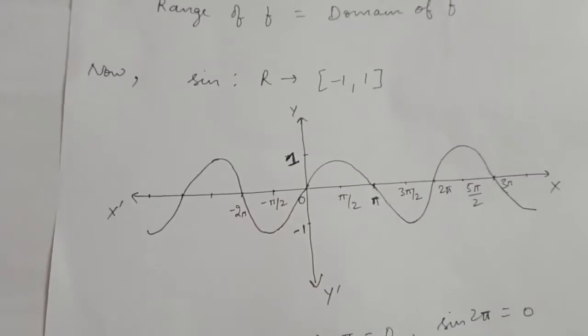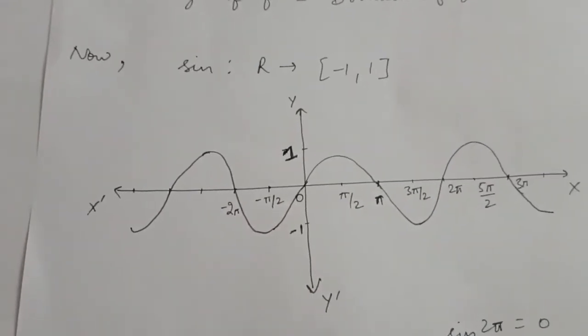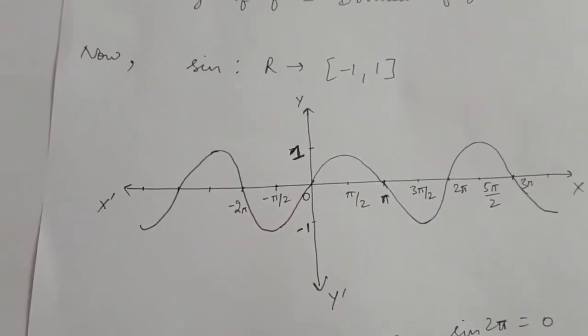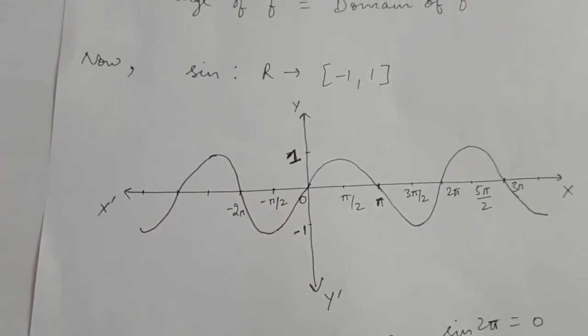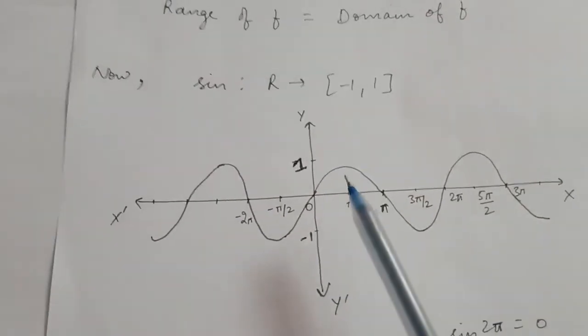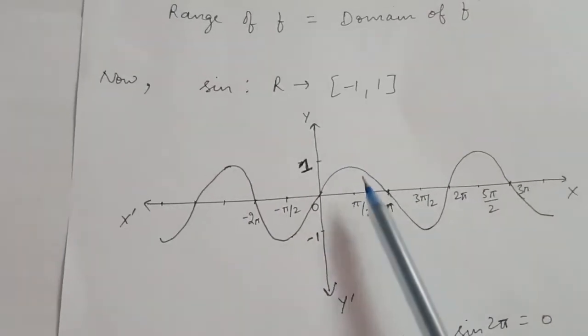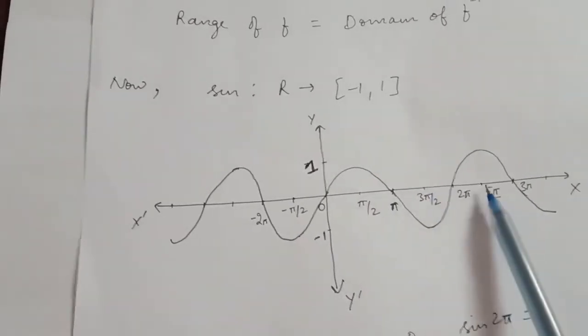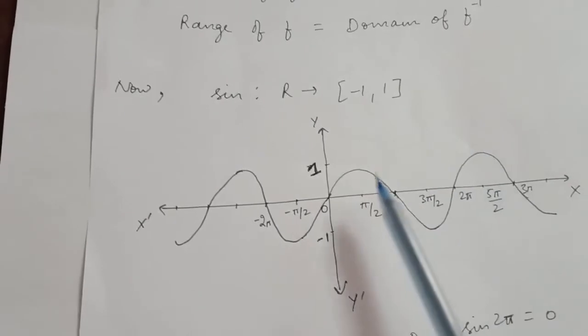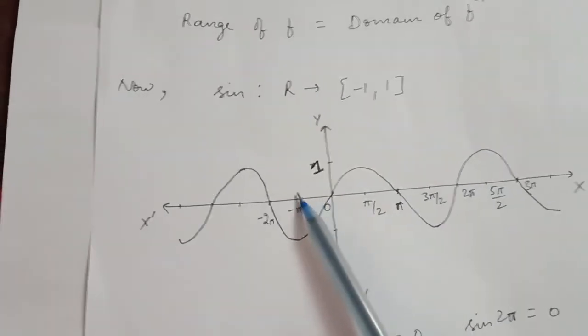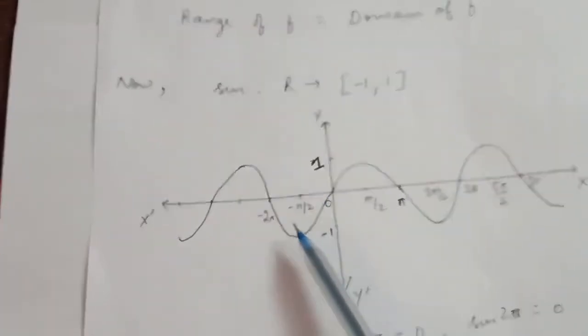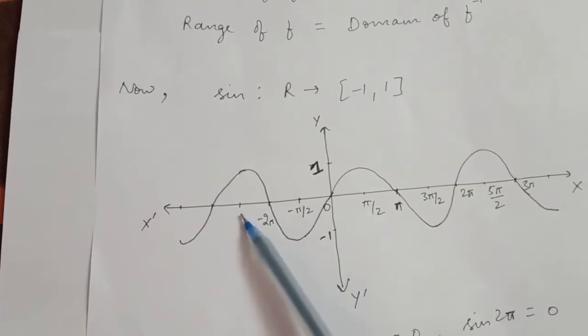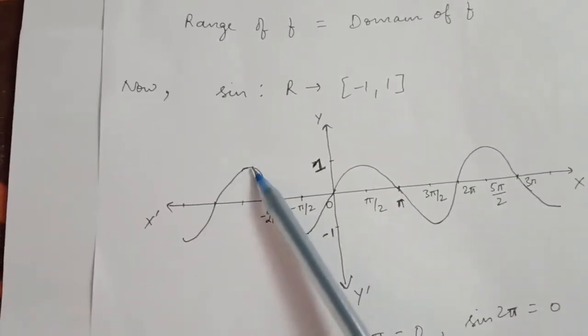And at the odd multiples of pi by 2, it is either 1 or -1. As we can see, sin pi by 2 is 1, then sin 3 pi by 2 is -1, then sin 5 pi by 2 is 1. If we see on the left side, sin of minus pi by 2 is -1, then sin of minus 3 pi by 2 is 1, right?